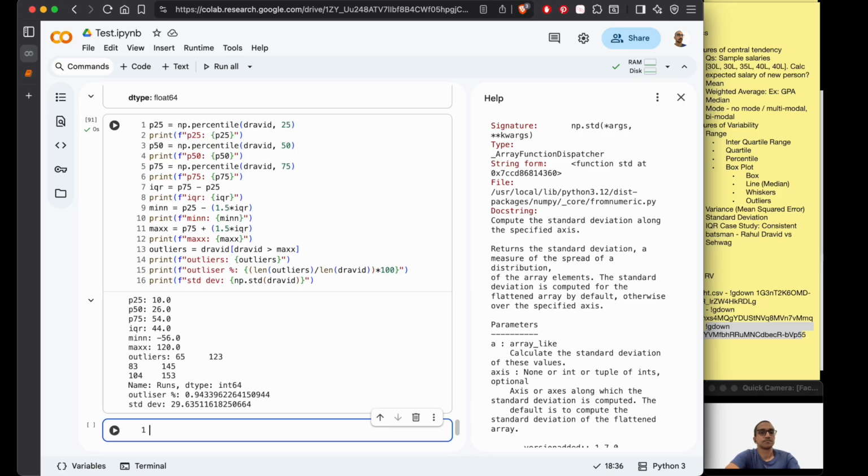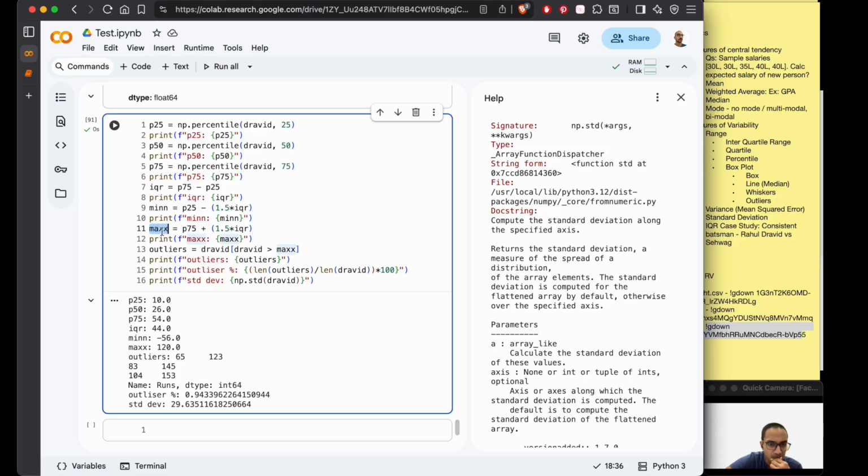Okay, let's see. What are these outliers? We have max is this one, and outliers. Okay, it's printing outliers. I don't think we need that.